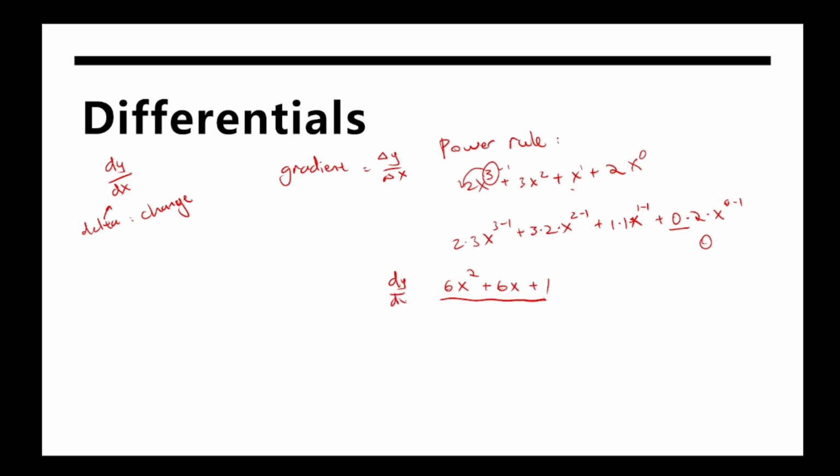And this is dy/dx if y equals. It could be dr/dx, dh/dx, de/dx, anything. This means for the value of x, this is the gradient, the instant gradient of the graph of y. For example, the graph for this would be something like this, right?